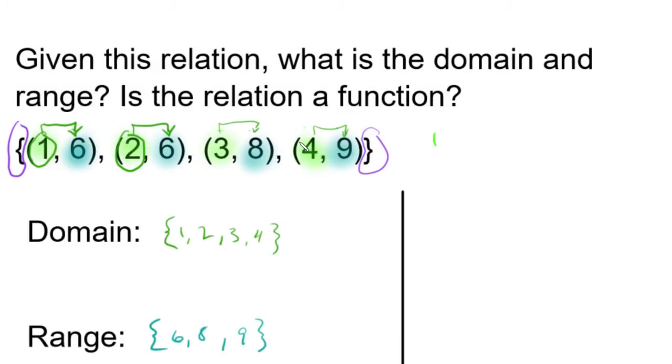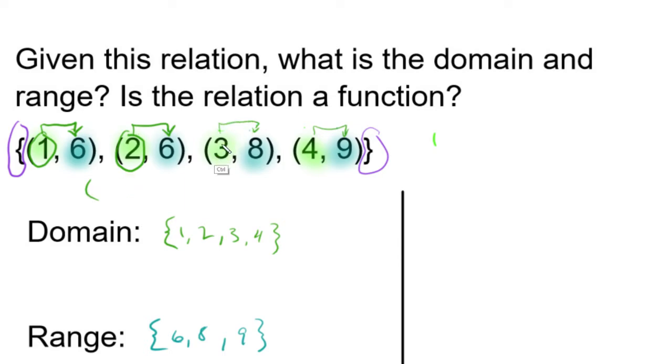Yes, it is a function, and that is because each x value only maps to one y value. I'll give you an example: if this set also had this ordered pair, it would not be a function, because 3 maps to 8, and then here 3 maps to 2, and that's not allowed. Your single x value can only map to one y value, right?